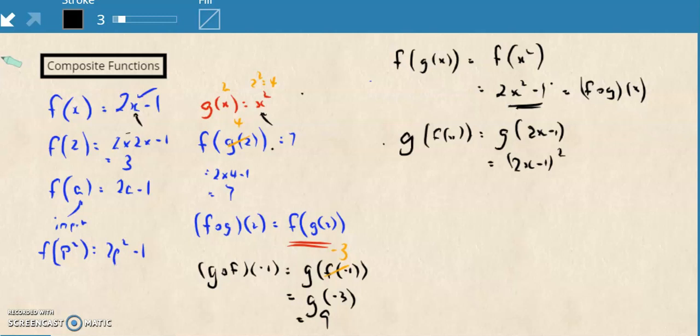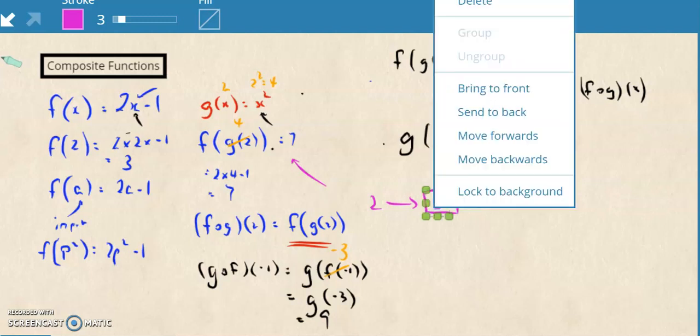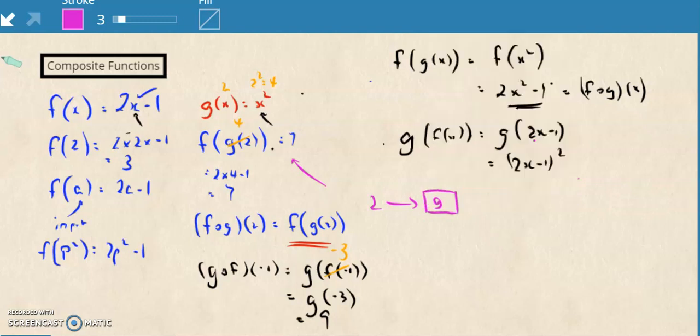If you're looking at this another way, let's go back to this example here. This is the same as taking an input value of 2, putting that into the g function, taking the output from that, which was 4, and putting that into the f function.